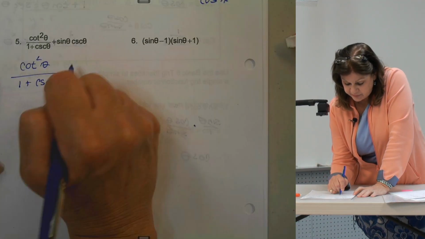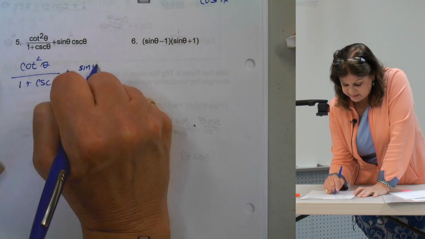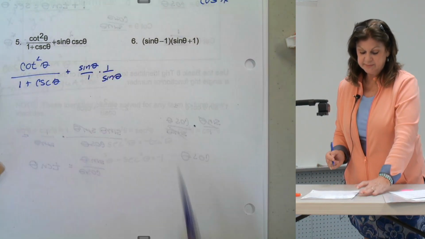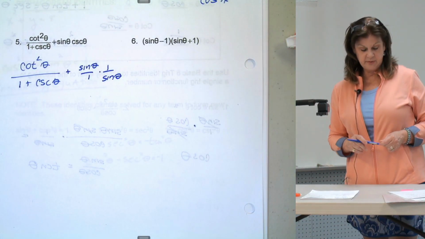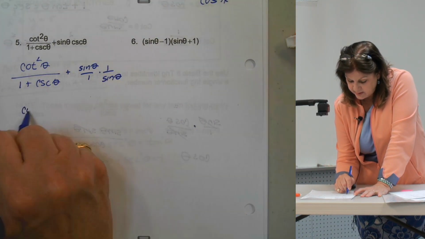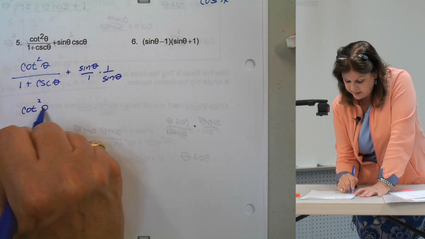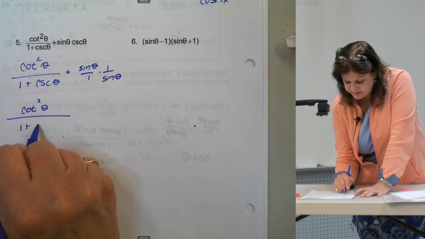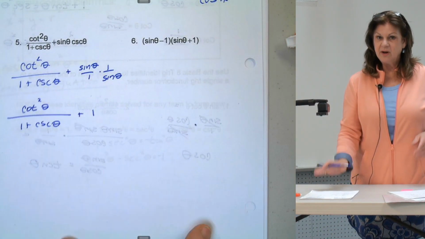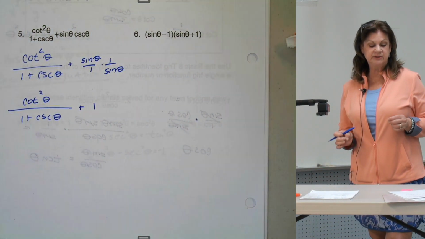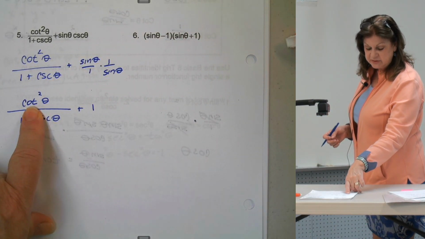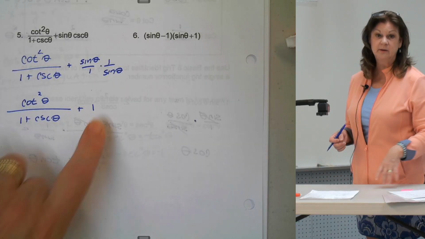But I do know sine theta times 1 over sine theta. Okay. So now I've got cotangent squared theta over 1 plus cosecant theta plus 1. And now I'm really thinking granddaddy equation needs to be introduced here, because I've got a trig function squared, plus or minus 1.